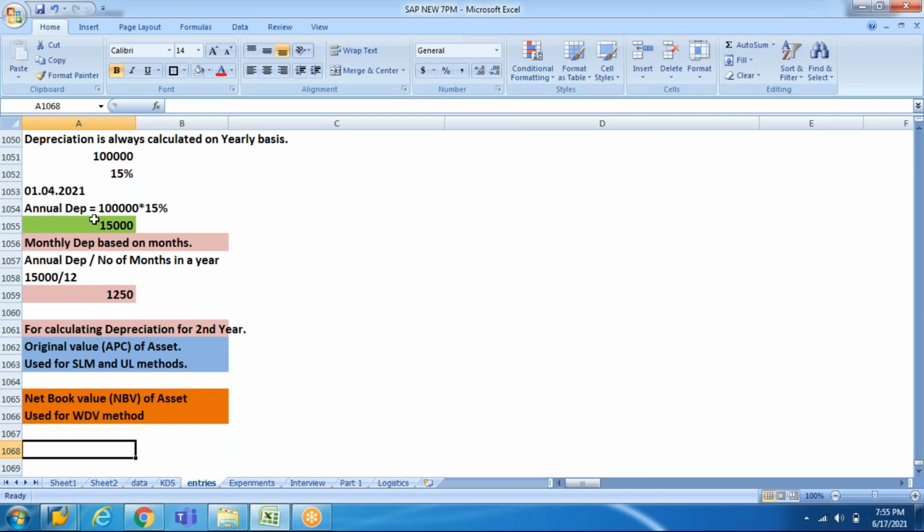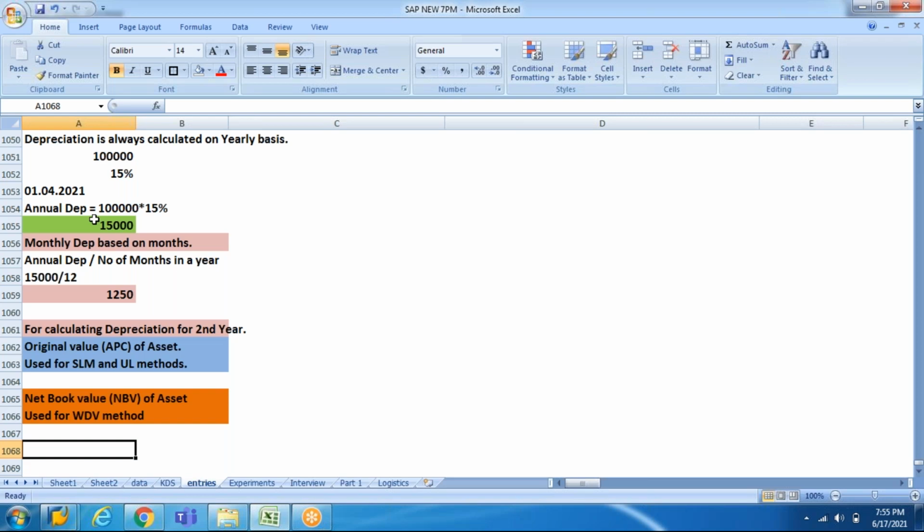The system will understand based on the moment you create the asset in SAP. You will have to give the value of the asset, the life of the asset, and assign different parameters like depreciation key and depreciation start date. Based on that, the system will start calculating automatically.